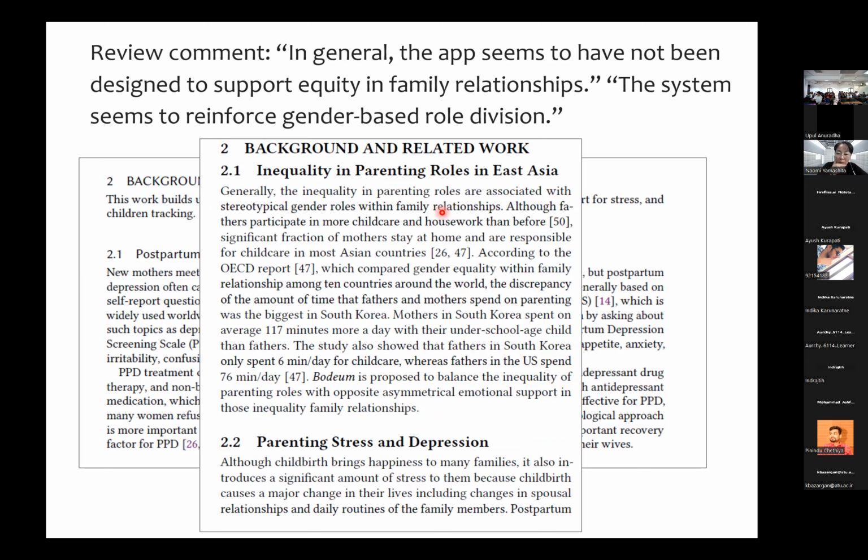We explained that there's this gender imbalance in our society, and how parenting stress is centered around mothers. And then it got accepted. So I'm saying that it's important to explain the cultural context when you tackle these region-focused problems.